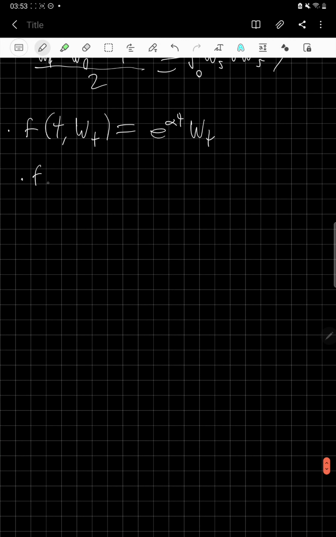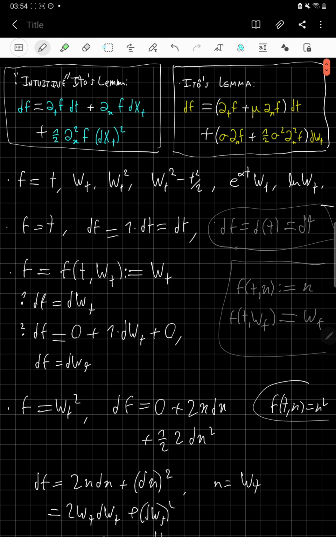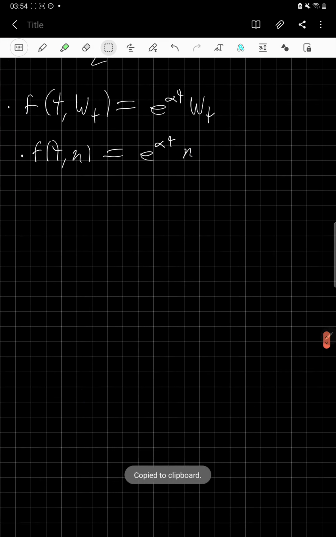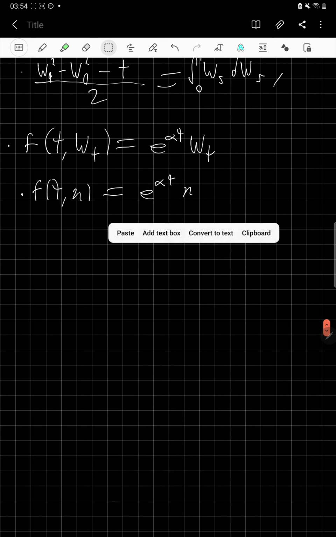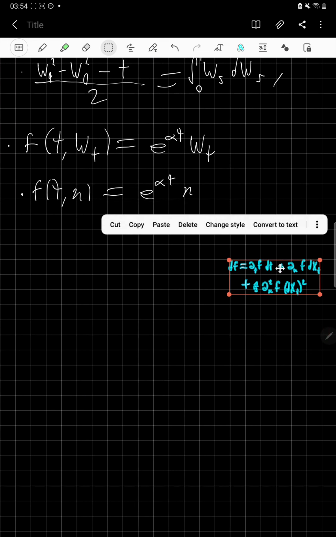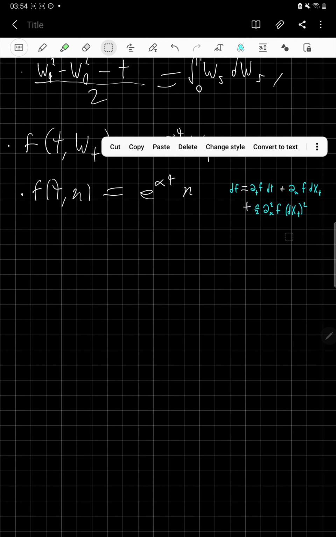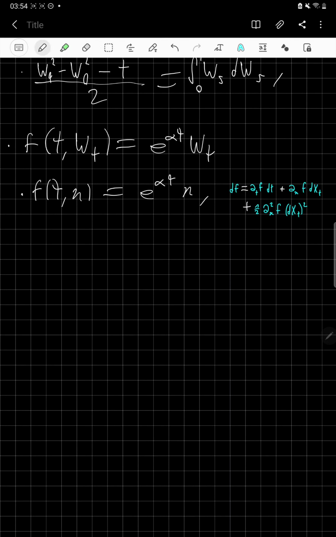In other words, f of t, x equals e to the alpha t x. Let's grab our friend over here. I much prefer this version, to be honest. At least I feel like I know what I'm doing using it.